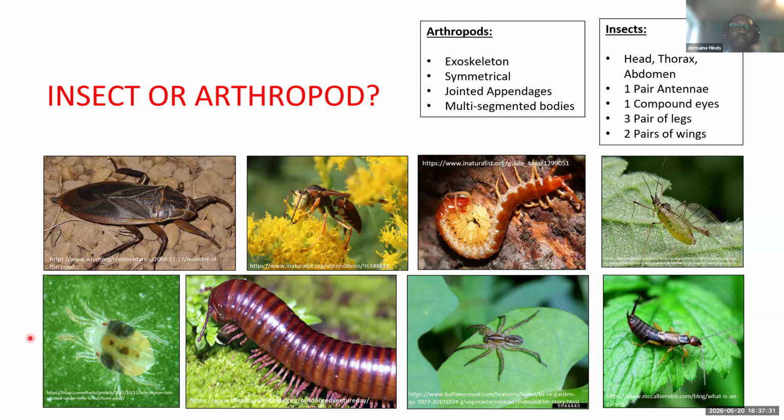How about this next one? Insect. I'm going to say an arthropod. This is an arthropod. Yep. So this is actually a two-spotted spider mite.